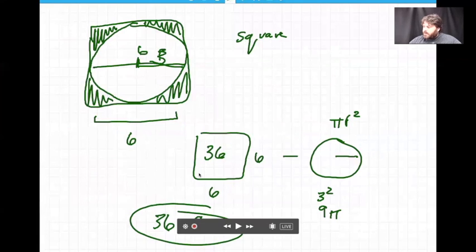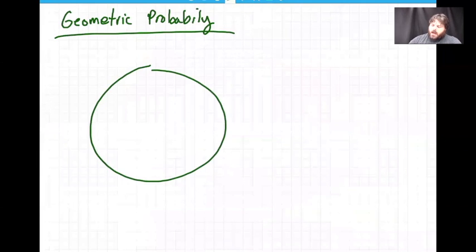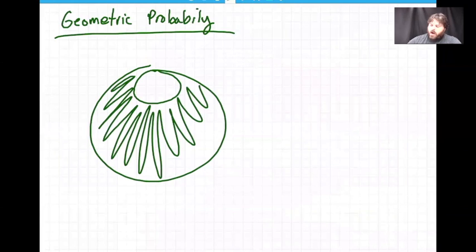All right. Next idea is called geometric probability. Right? We remember probability from a couple weeks ago. Geometric probability is basically when I have a region and I have like a shaded region, and I say, what is the probability that if I pick a point at random, that point at random will be in the shaded region.